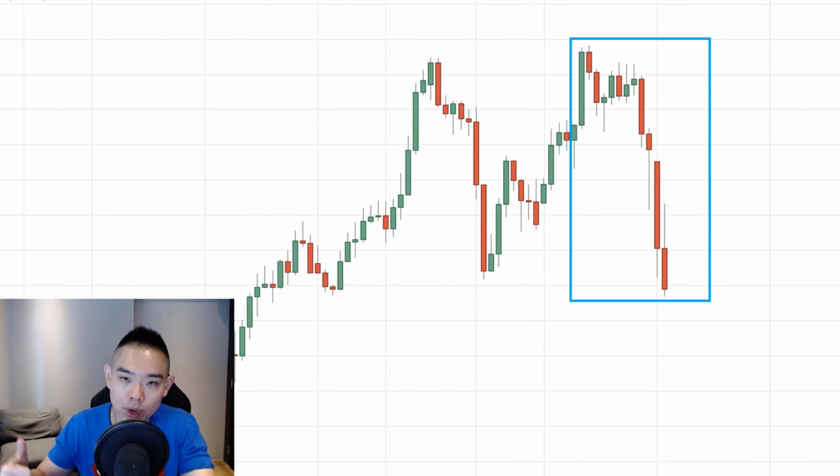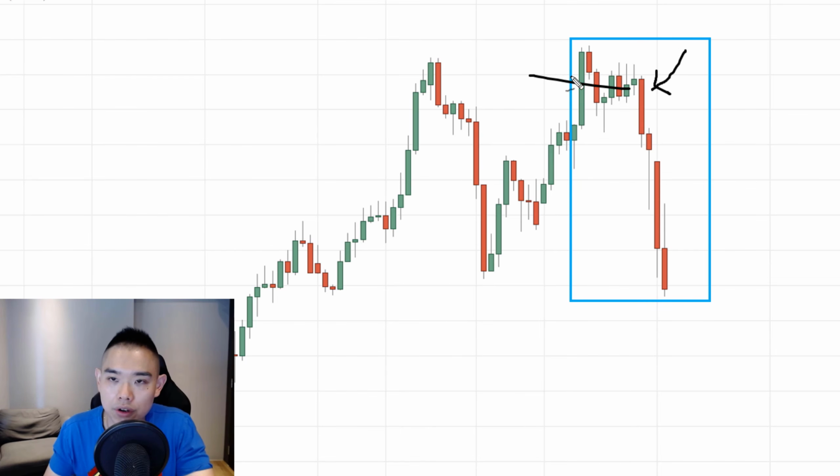For a few reasons. Number one, imagine that someone is short at this area of resistance. The market in a few moments quickly went in their favor, so they're already sitting in profits, maybe $1,000, $2,000. So this group of traders fear giving back their profits.